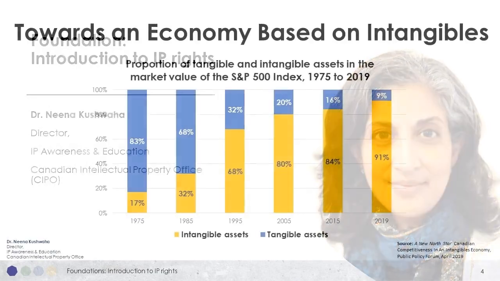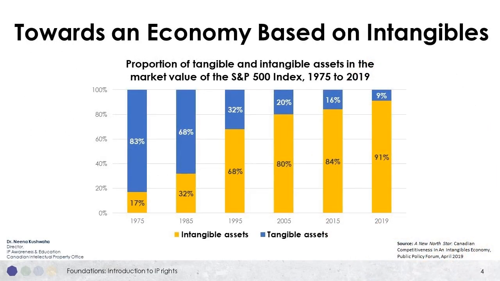So Canada and the majority of developed economies are moving towards a knowledge-based economy, an economy based on intangible assets. This chart is based on the market value of 500 large companies listed on stock exchanges in the United States and illustrates the relative proportion of intangible assets.